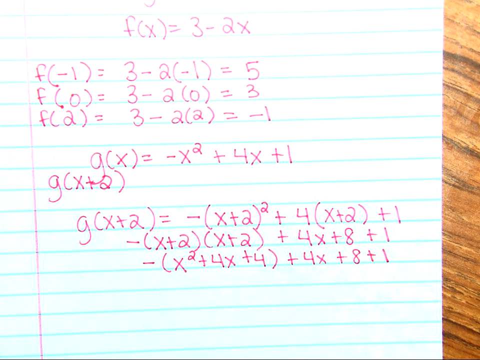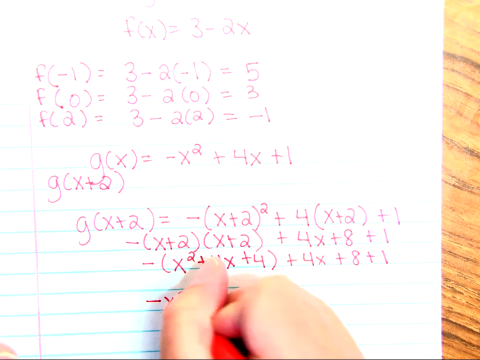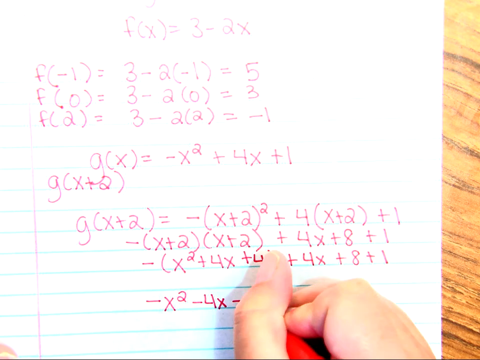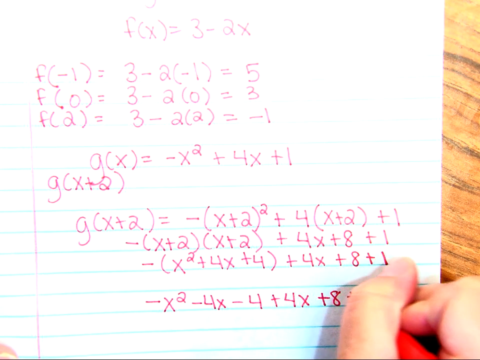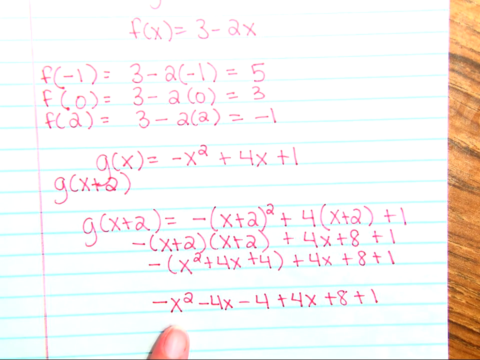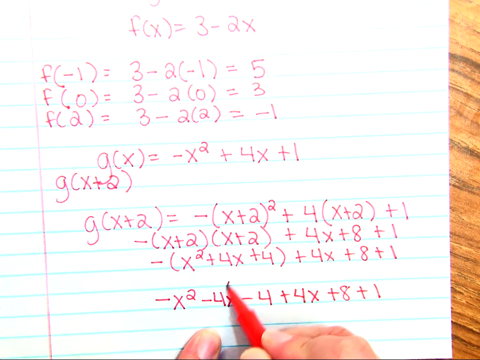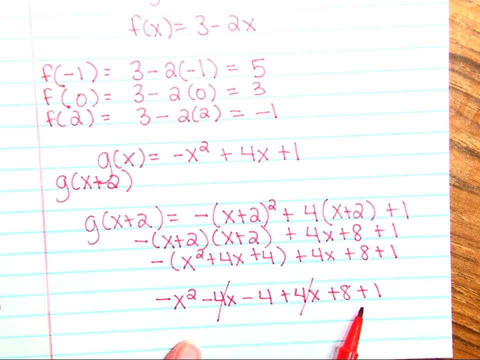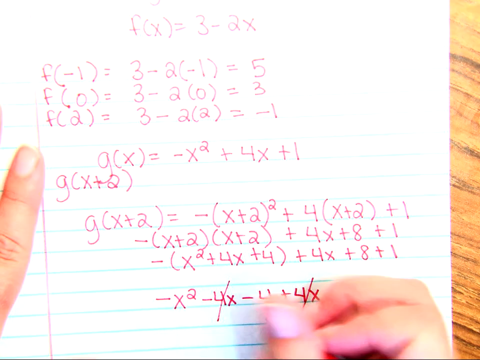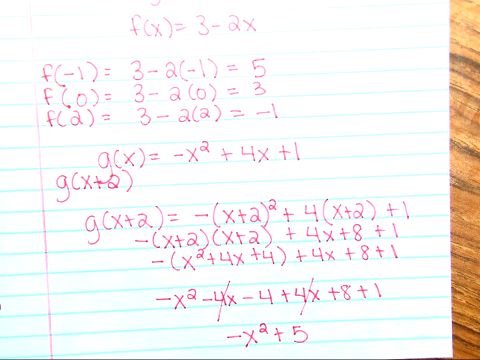All of these signs are going to need that negative in my parentheses. And then I just need to combine like terms. So I've got negative x squared, can't combine with anything. Negative 4x and 4x are going to combine. Negative 4 and 8 and 1 is going to make 5. So we've got negative x squared plus 5. So that would be evaluating a function.